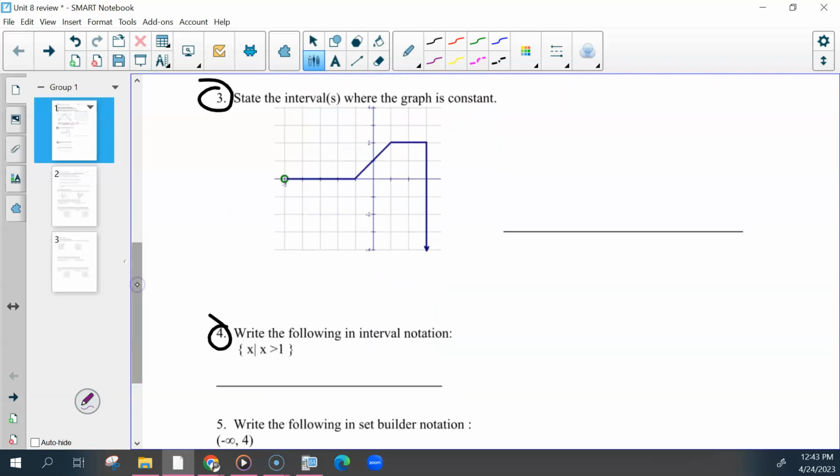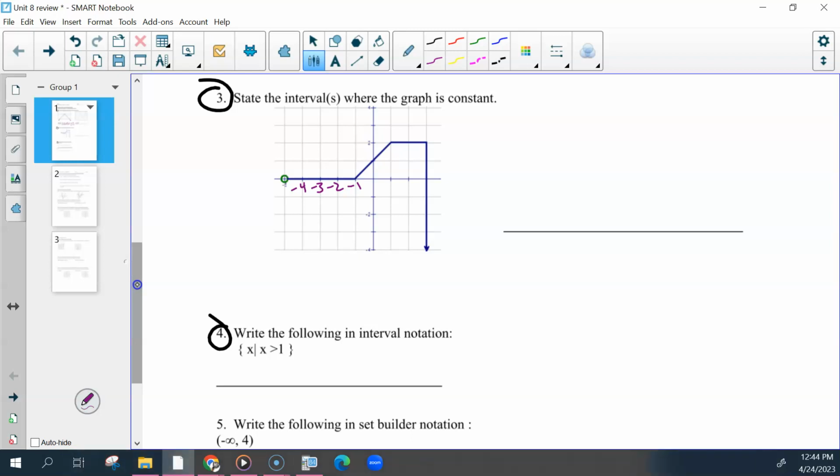That's negative 2, right? Negative 1. So negative what to negative 1? Negative 5 to negative 1.